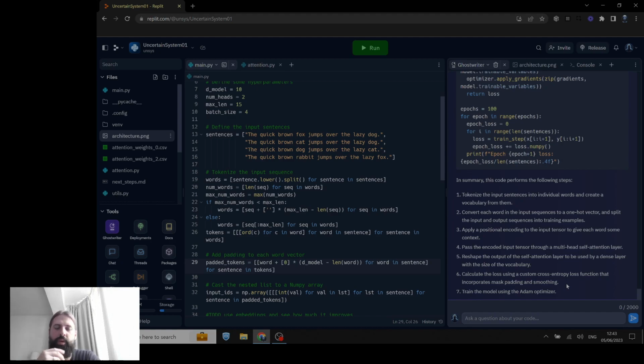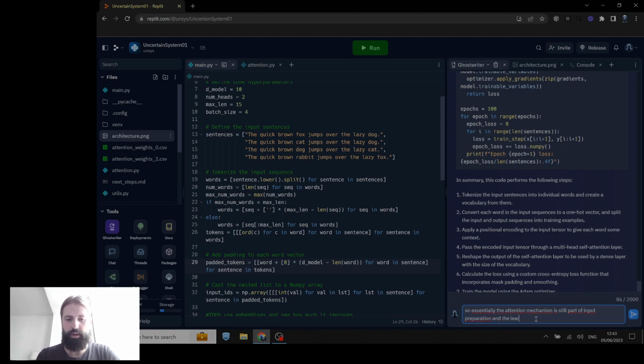Okay, so I think I understand now better. So essentially, the self-attention or the attention mechanism is still part of input preparation.